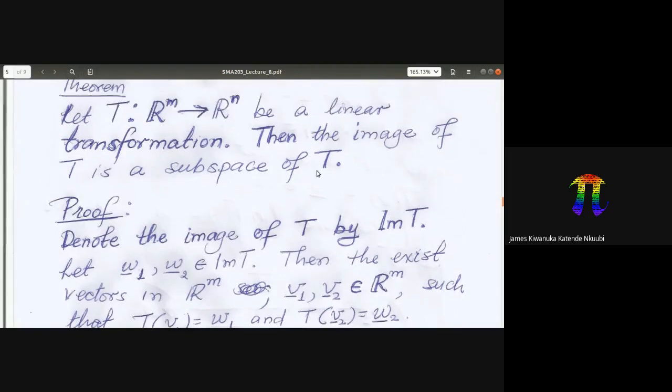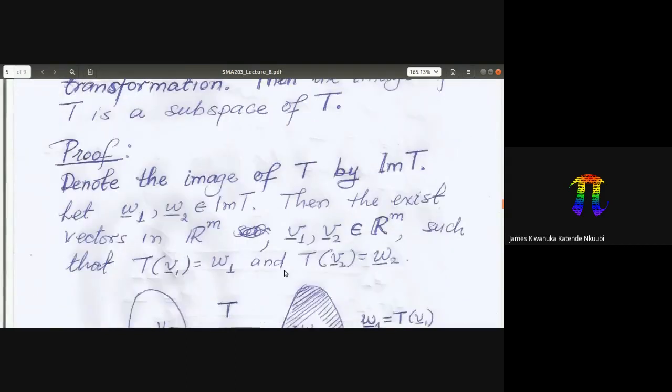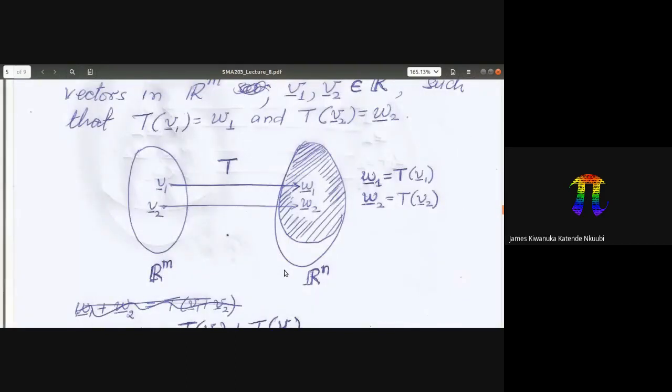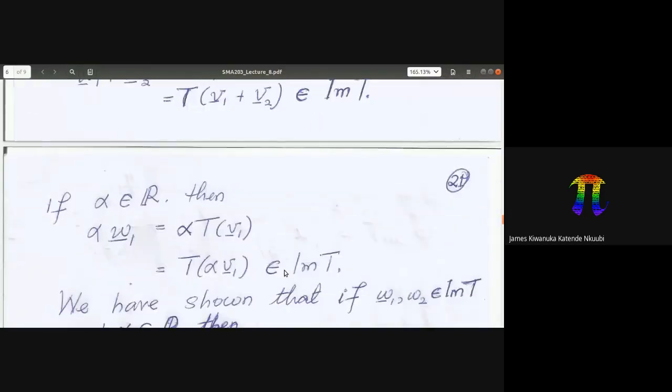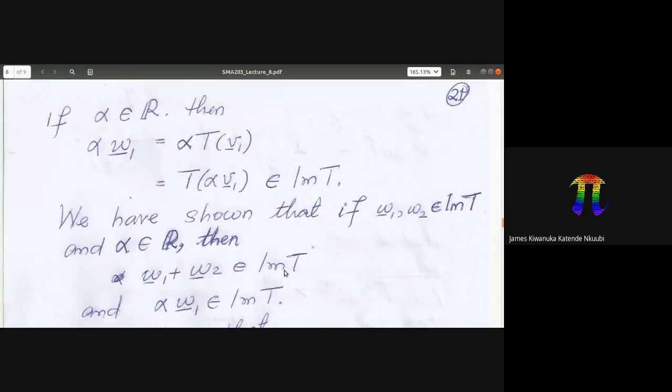So you can't say a subspace of T. It must be a subspace of a vector space. So the correct thing is this Rn should replace the T. Again, the proof is here, but we shall not go through the proof. Just remember that the image will always be a subspace.